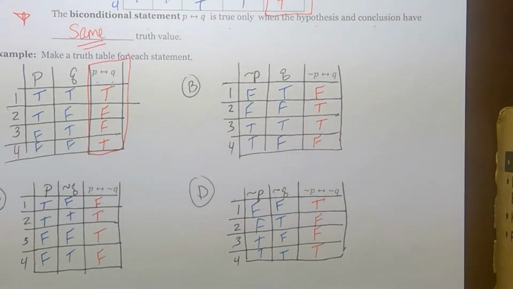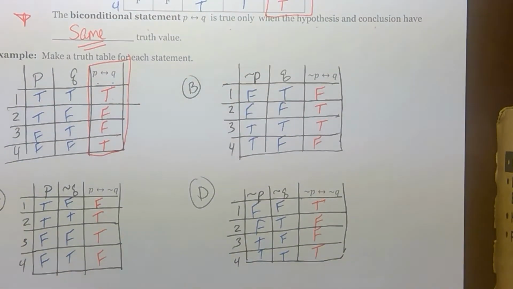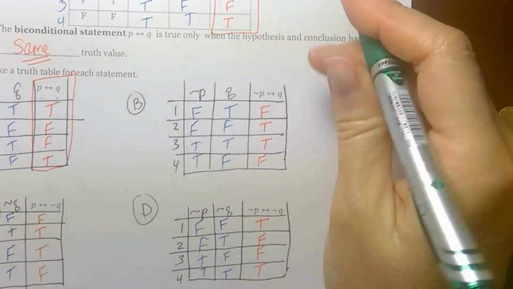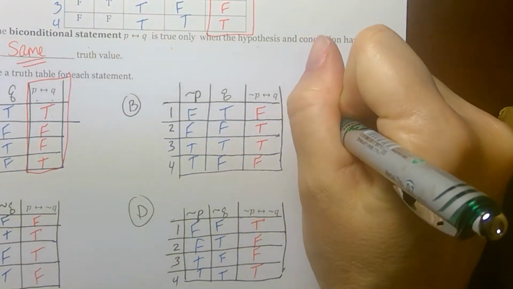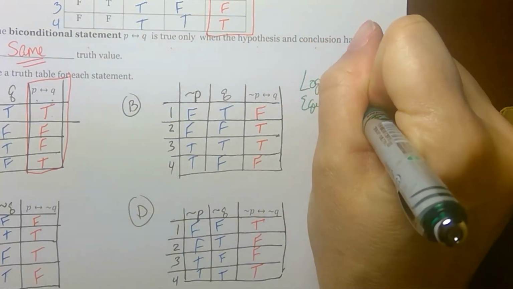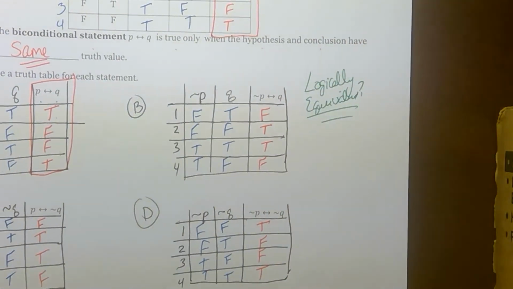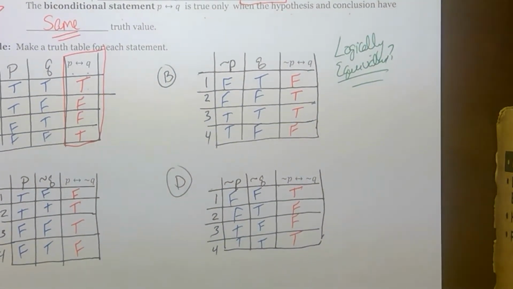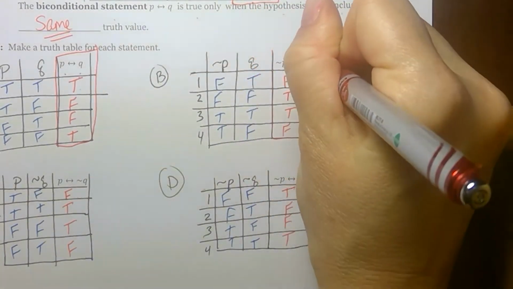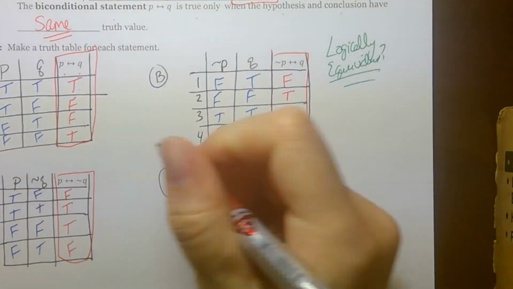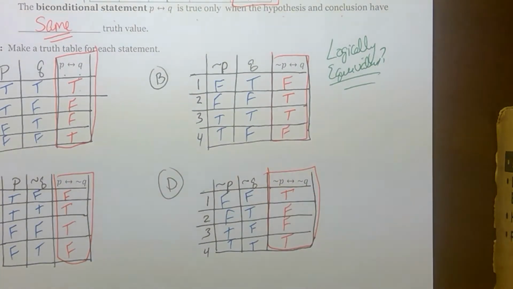Okay, do you notice that some of these are logically equivalent? Let's make a space over here to see what is logically equivalent. It's logically equivalent if it has the same truth values in the same order. I've got these 4 biconditionals that I have worked with. Which ones are logically equivalent?